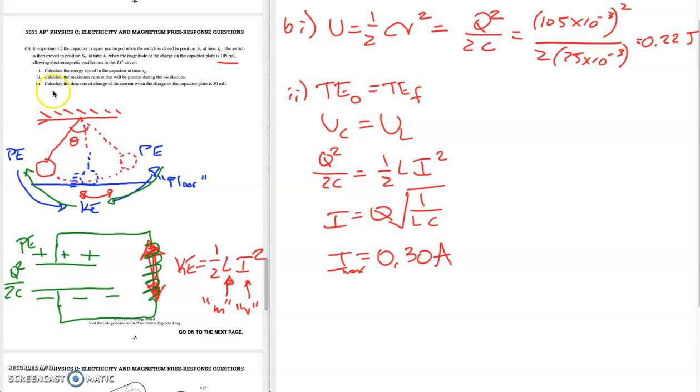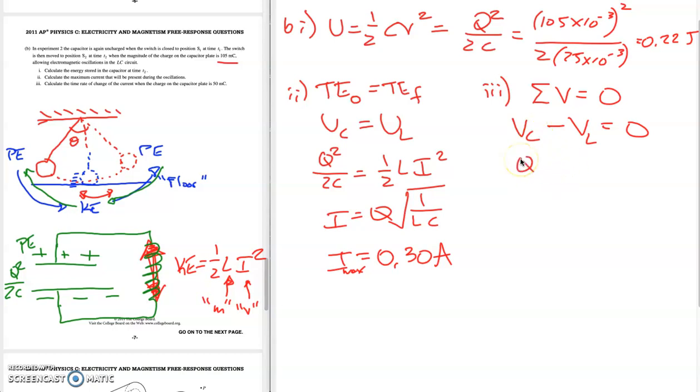All right, B part 3. The rate of change of current when the charge is 50 millicoulombs. All right, 3. Here we need to go back to Kirchhoff's loop rule. So when we have 50 millicoulombs on here, we will have a certain voltage across the capacitor, and that means that we will also have to have the same voltage across the inductor in order to have conservation of energy.